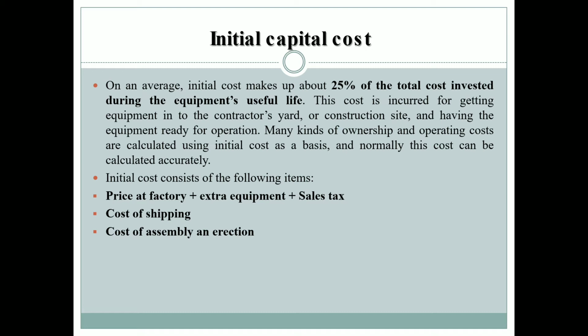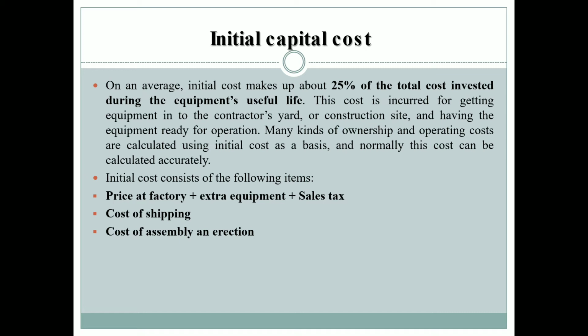Many kinds of operations, ownership and operating costs are calculated using initial cost as a basis, and normally this cost can be calculated accurately. So it is the purchasing cost. When you go for purchasing the equipment, what is actually the cost? What are the things it includes? That is actually, initial cost consists of the following items.